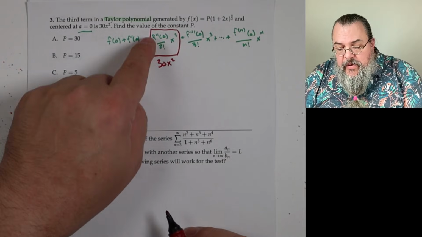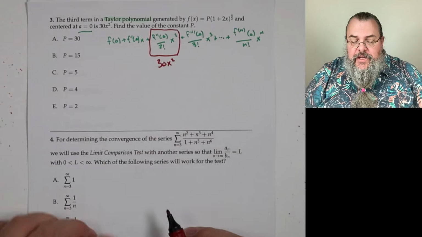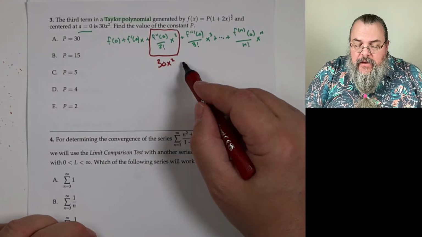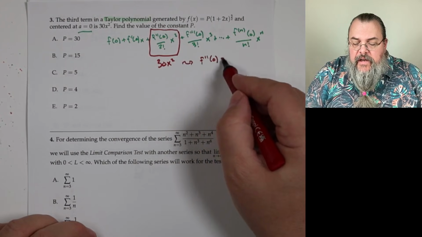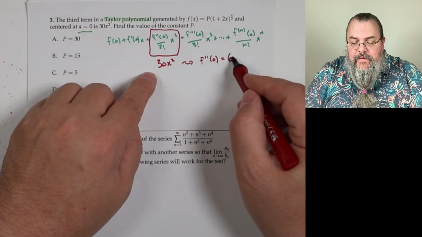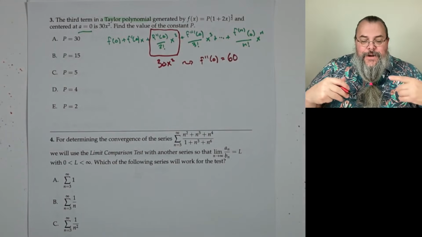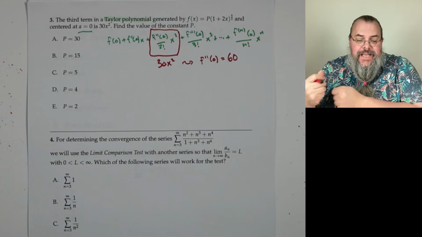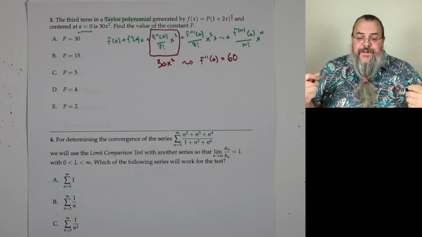So that tells us if we take f double prime at 0, divide by 2 factorial, we get 30. Okay, another way to say this is that f double prime of 0 has to equal 2 factorial, which is 2, times 30. That has to equal 60.